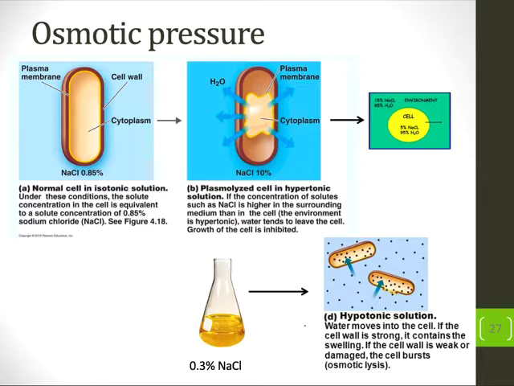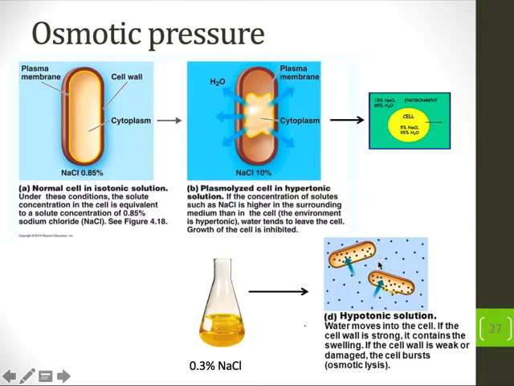If you place a normal cell in a hypertonic solution, so the cell has a sodium chloride concentration of 0.85%, then you have an environment that has a sodium chloride concentration of 10%. There is more salt here and less water, so water is going to diffuse by osmosis from the cell to the environment. It's going to result in plasmolysis. Okay, the cell is going to shrink.